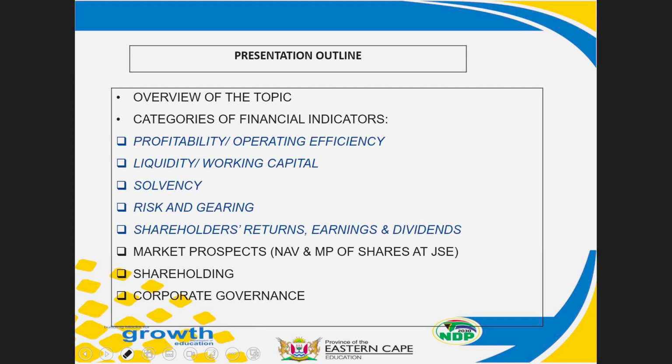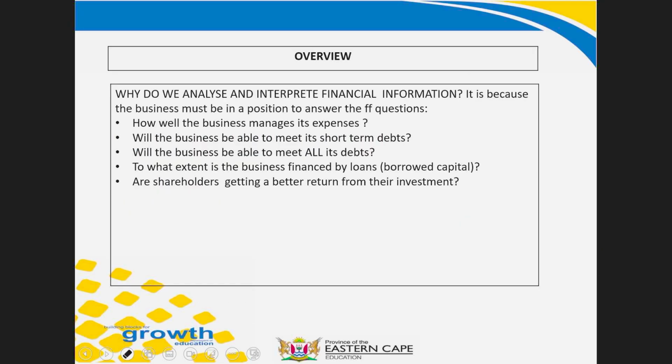Then lastly, I will be looking at shareholding under the topic of analysis and interpretation of financial statements. Then the last topic that I will be presenting about in today's session will also be on corporate governance.